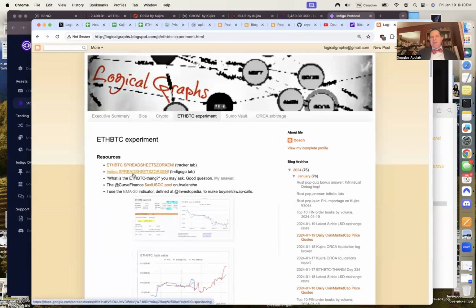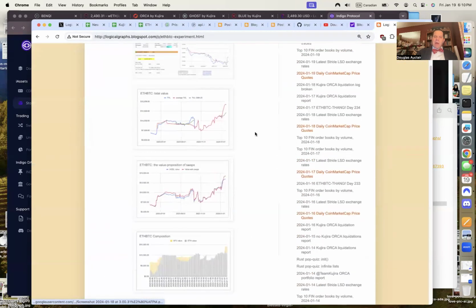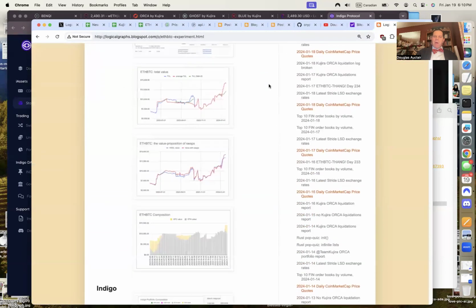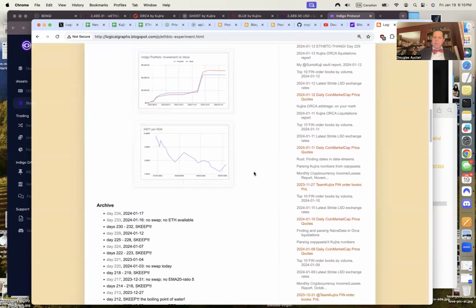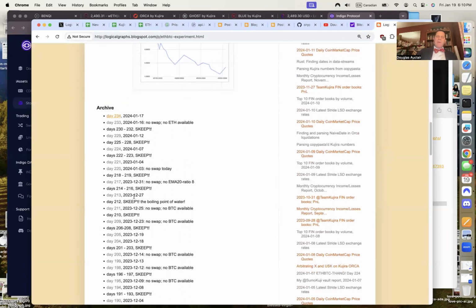And you have the spreadsheet for the Indigo portfolio, which is my holding portfolio. Those spreadsheets are freely available. Just follow the link. And then also the EMA 20 indicators. I put them all up on my page, the indication results, portfolio values, and also the archive of all my trades, so you can do the same kind of thing.